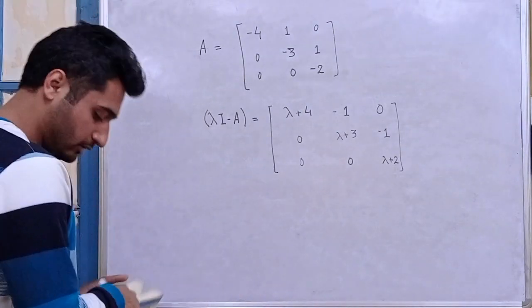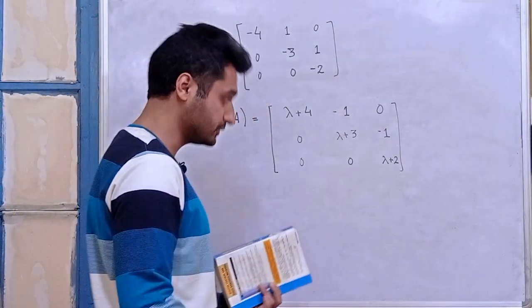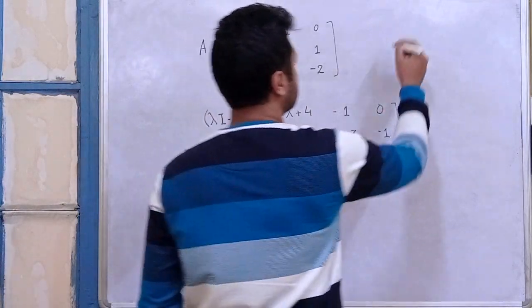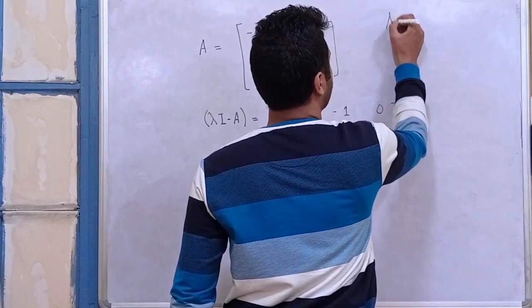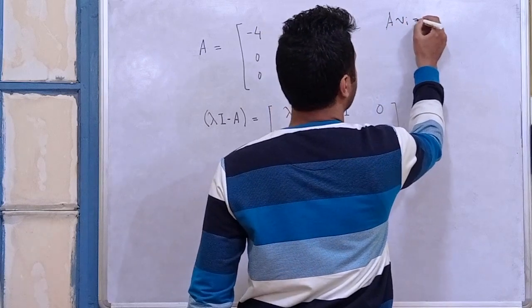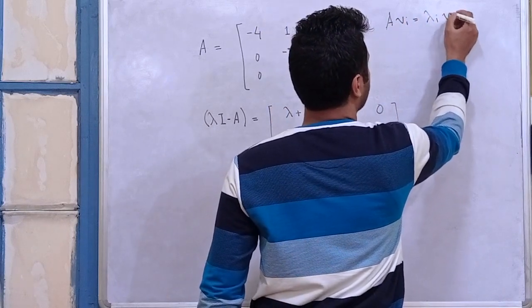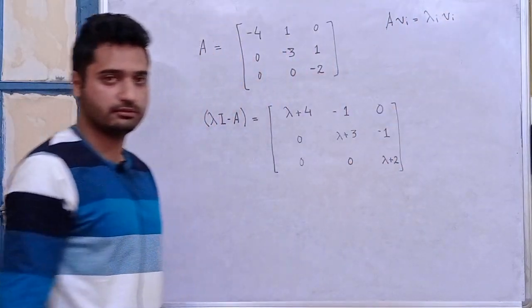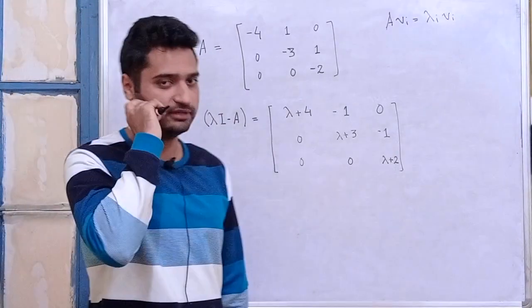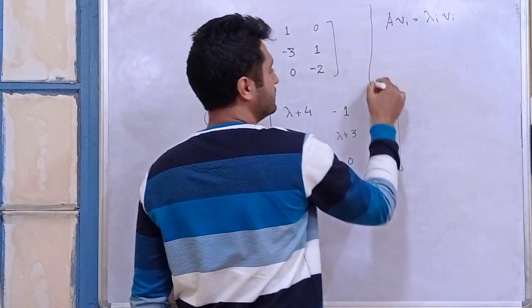So when you solve the eigenvalue system, the equations that you encounter is of the form this. You have to solve essentially this kind of equation, isn't it? A Vi is equal to lambda i Vi. This is a general representation.